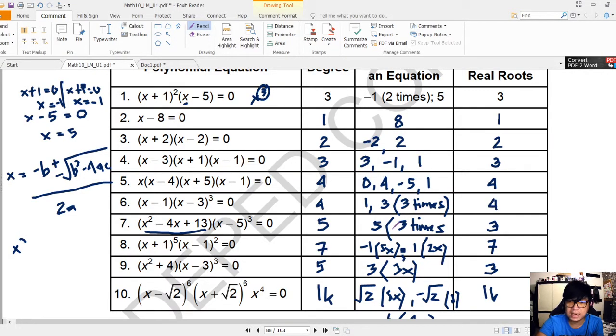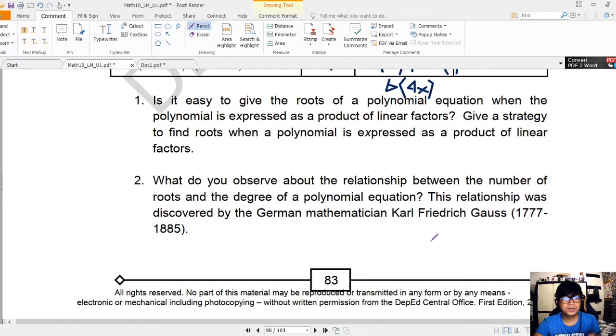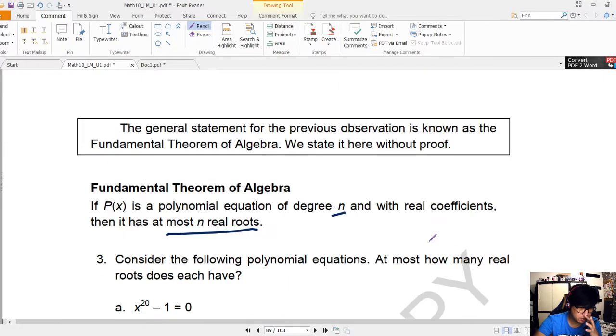So, that is not a real number. So, ibig sabihin, yung pinaka-maximum na number of real roots is pwedeng equal siya sa degree ng ating polynomial. Pero not most of the time. Kasi may mga times na hindi siya real roots. So, yun yung nakalagay dito sa fundamental theorem of algebra.